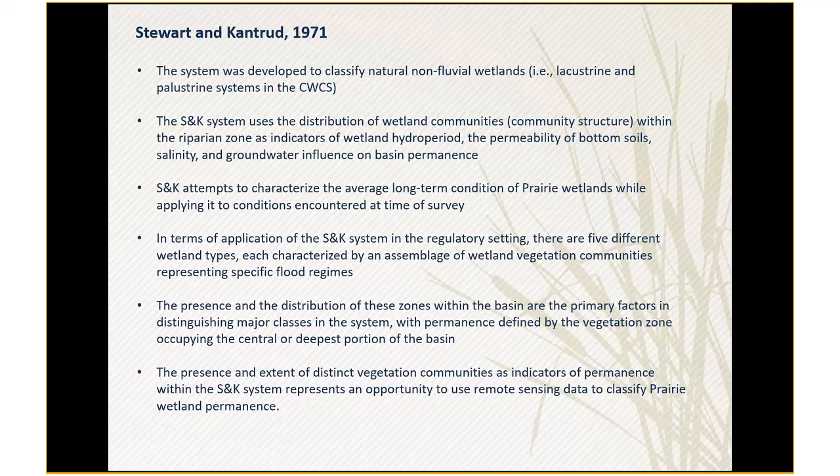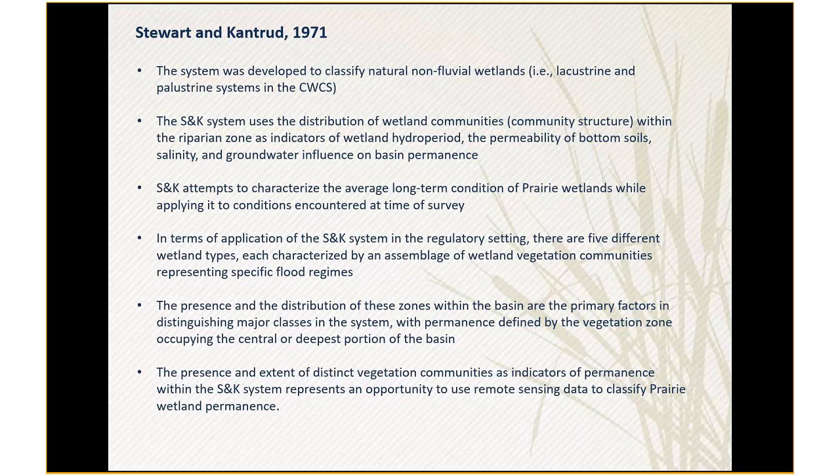So, really, the veg indicators are an indicator of hydroperiod of the wetland, but not directly related one-to-one to wetland flood frequency. And really, the presence and distributions of these zones are the primary factors that trigger the differentiation between basins from one class to the other.